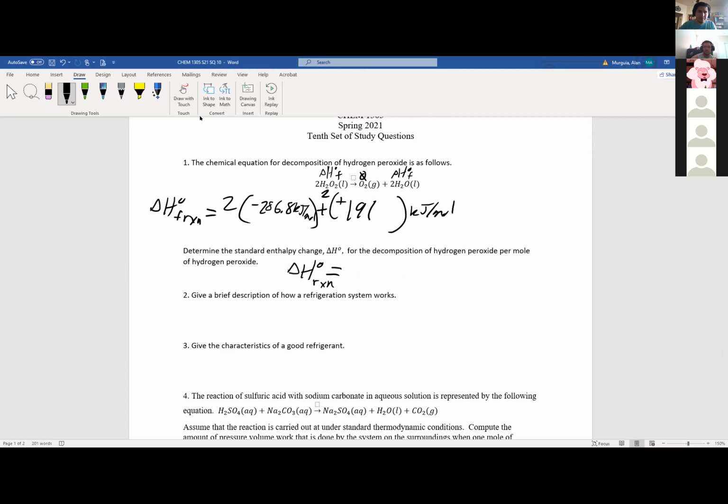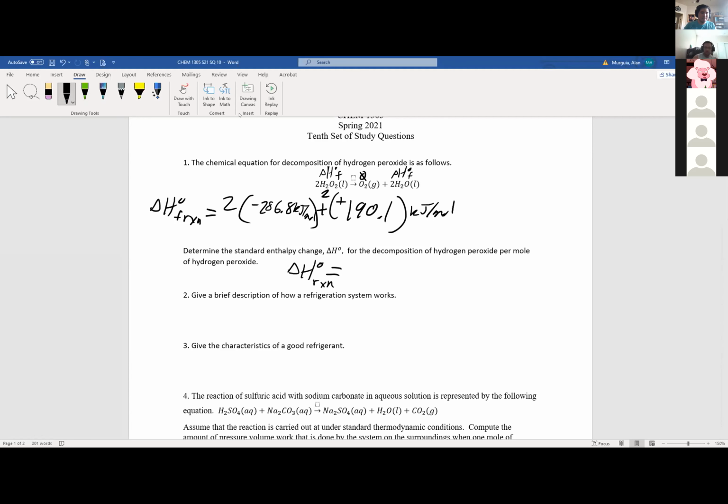So it's negative, but since it's being subtracted, it's going to be positive. So now that we plug this into our calculator. No, Alan, I think that's for something else. I'm pretty sure Google says negative 190.1. Then we'll go with that.